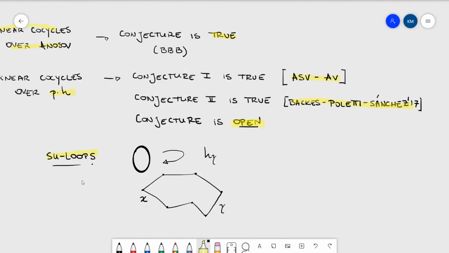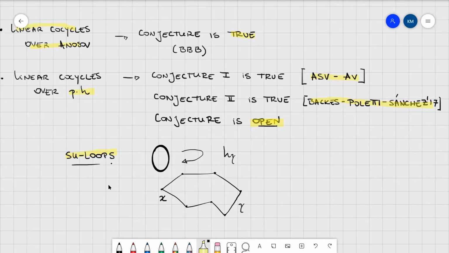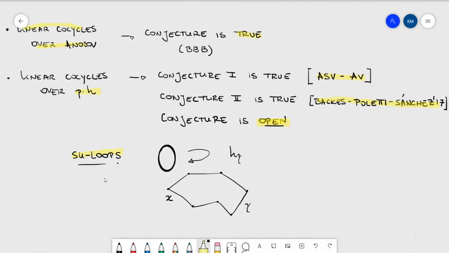So recall that I am in the partially hyperbolic setting and I'm asking for my partially hyperbolic map to be accessible. So I have an SU path such that every part of the SU path is contained in a stable manifold or in an unstable manifold. So here, this is contained in the stable, unstable, and so forth.